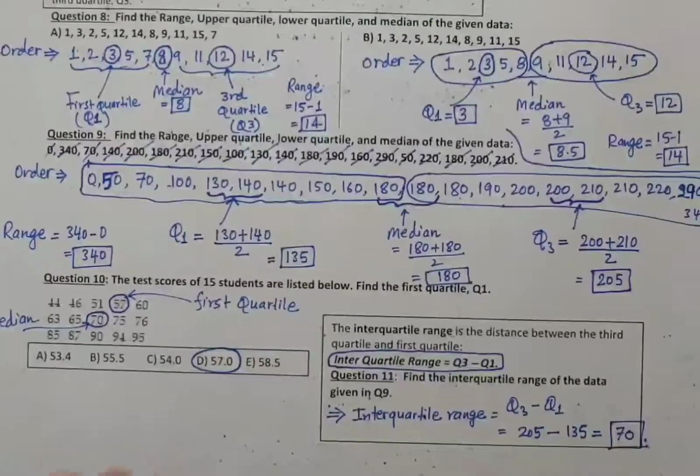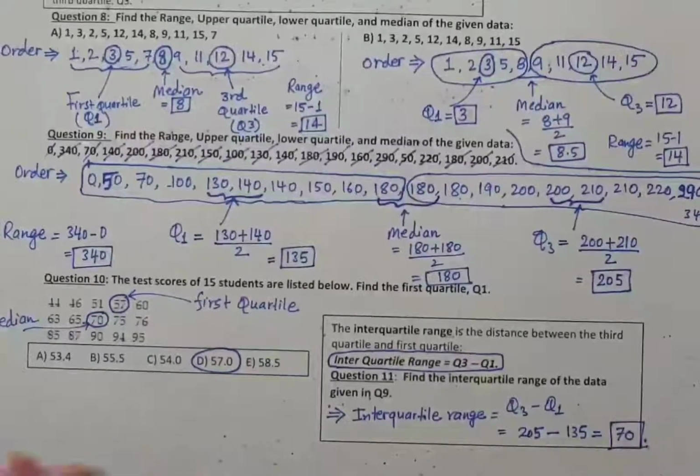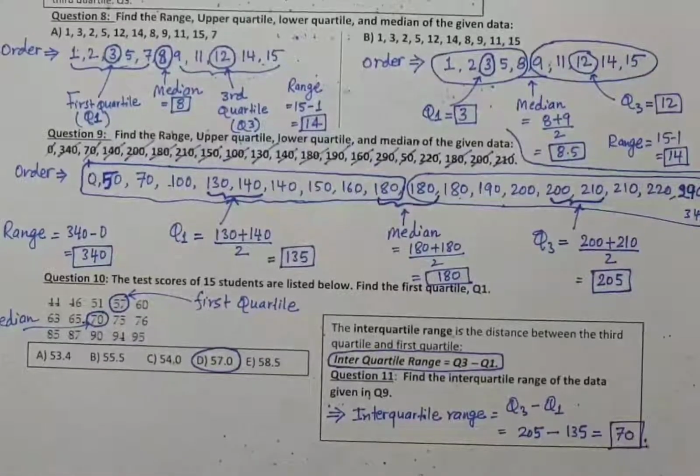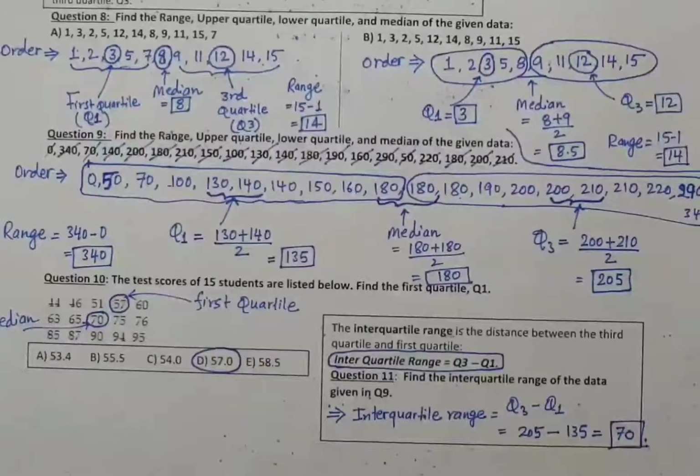We did the quartiles for odd number of data, we did the quartiles for even number of data, and we did interquartile range. So these many topics we did today. We'll stop here, and in the next lecture we will do other things like standard deviation, variance, and those things.